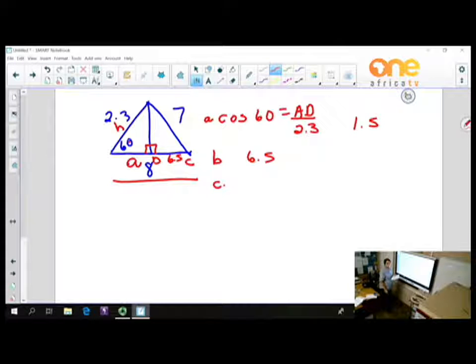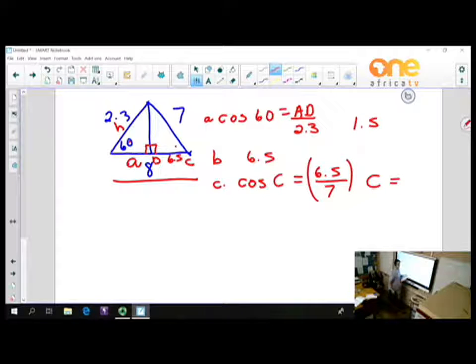Again, which function? Cosine. It's the included angle there. So cosine C is equal to 6.5 over 7. Second function cosine. Some calculators you have to use extra brackets there. And my answer is 21.8 degrees.